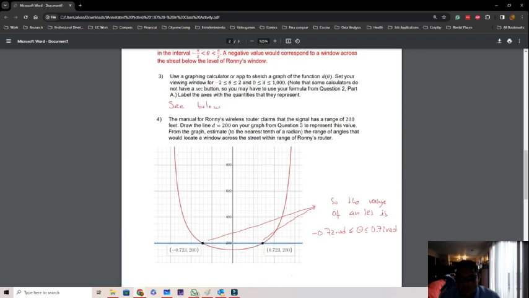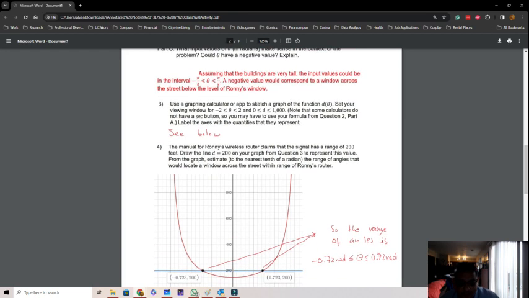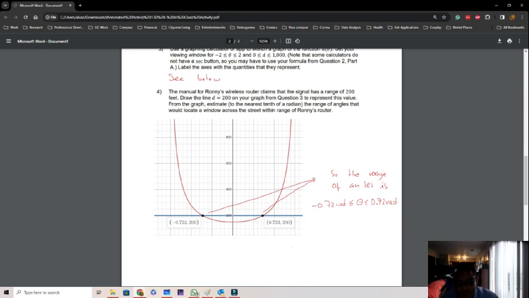So this is the graph of secant, and the range for this will cover enough so that we have a range of 200 feet. This is going to be between minus 0.72 radians and 0.72 radians.